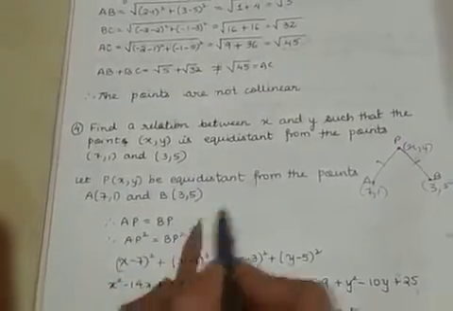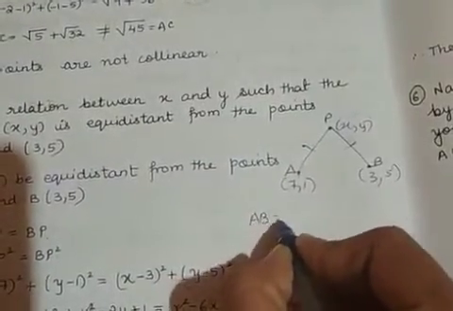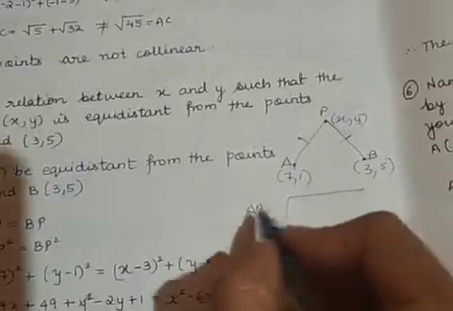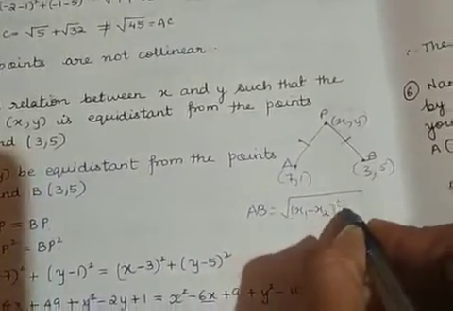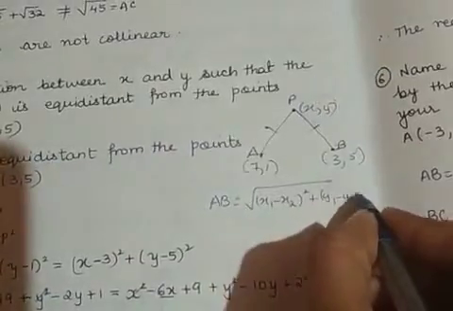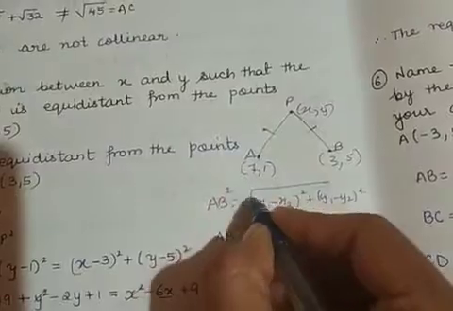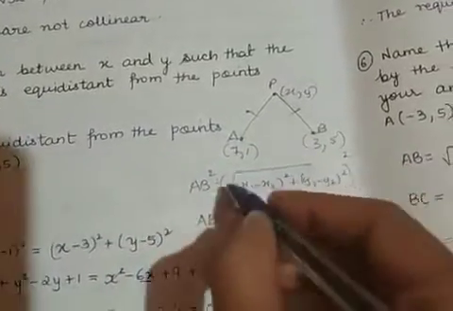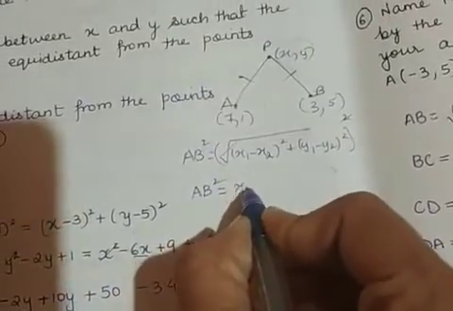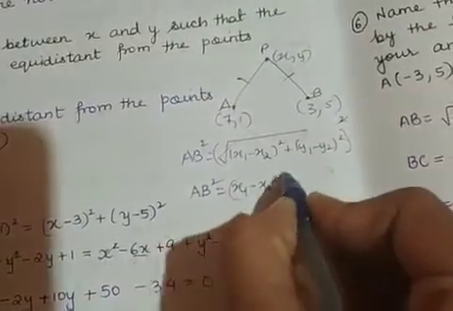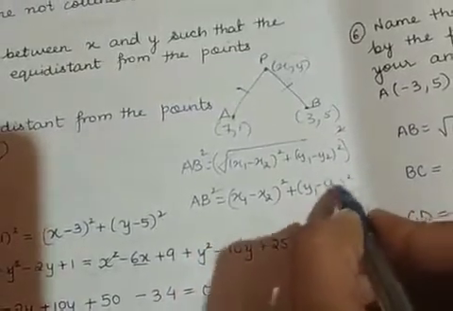So if you are using the distance formula, suppose AP will be equal to square root of, just writing this for AB, you found (x1 minus x2) the whole square plus (y1 minus y2) the whole square. So if I take AB square, then it will be squared and this square root sign and square will get cancelled. So AB square will be (x1 minus x2) the whole square plus (y1 minus y2) the whole square.